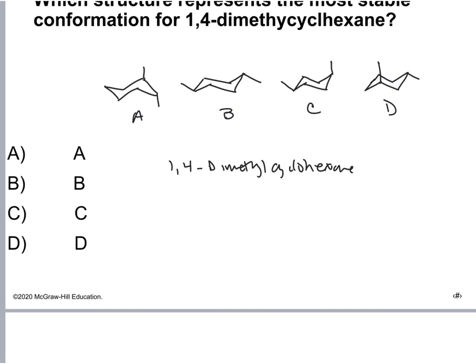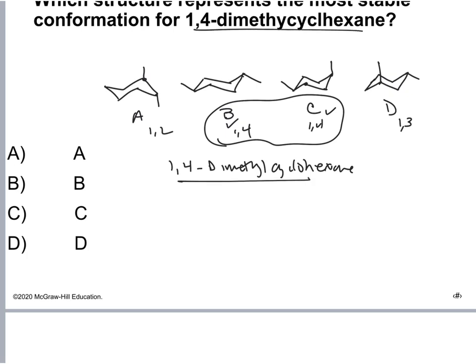Well, this is a 1,2. You see that's 1,2. This is 1, 2, 3, 4, so this is 1,4. 1, 2, 3, 4, that's a 1,4. This is a 1, 2, 3, 1,3. So now we're just going to look at these two here, because we want 1,4-dimethylcyclohexane. That's the first thing you want to do. These are constitutional isomers, all of these.